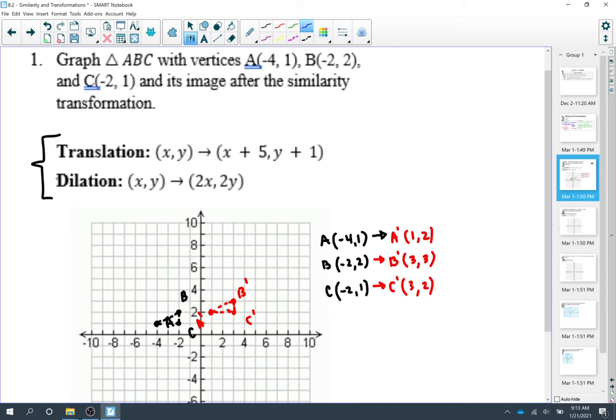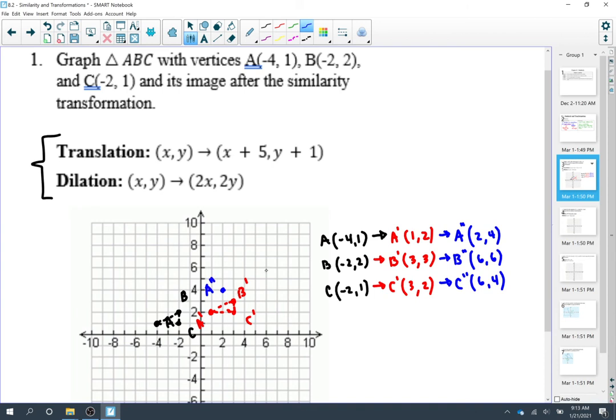Now we have to do our dilation, and it looks here like with the 2 and the 2, our scale factor is going to be 2, which is telling me for a double prime, I'm just multiplying by 2. So A double prime is (2, 4). B double prime is going to be (6, 6). And C double prime is going to be (6, 4).